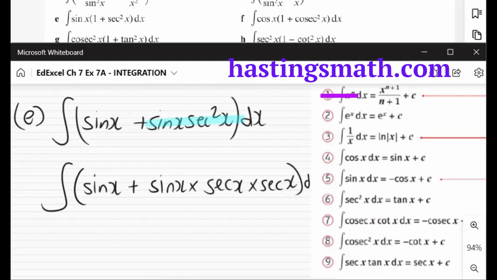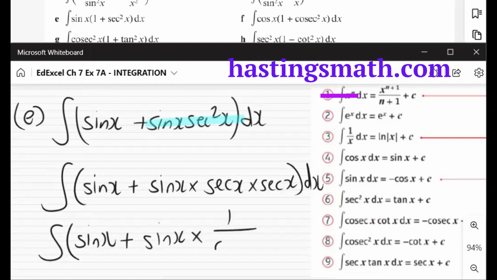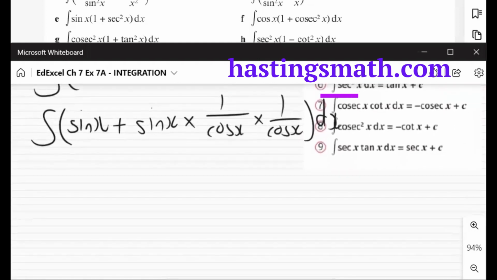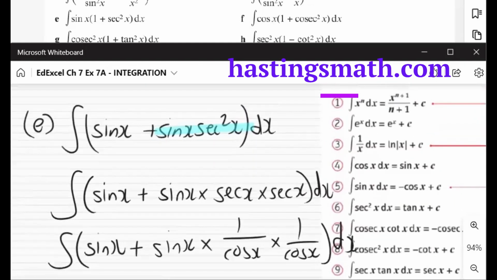But we know that sec x is 1 over cos. So if we simplify this to sine x plus sine x times 1 over cos x times another 1 over cos x. Obviously, doing this the long way around. Well, let me keep that there for you.